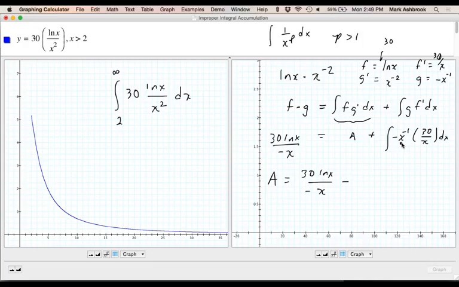This is 30x to the minus 2, basically. Negative, right? We got all kinds of negatives here. So this is negative 30 over x squared. But we're subtracting that. And then we have the negative from the antiderivative. So we're going to have x to the minus 1 again.